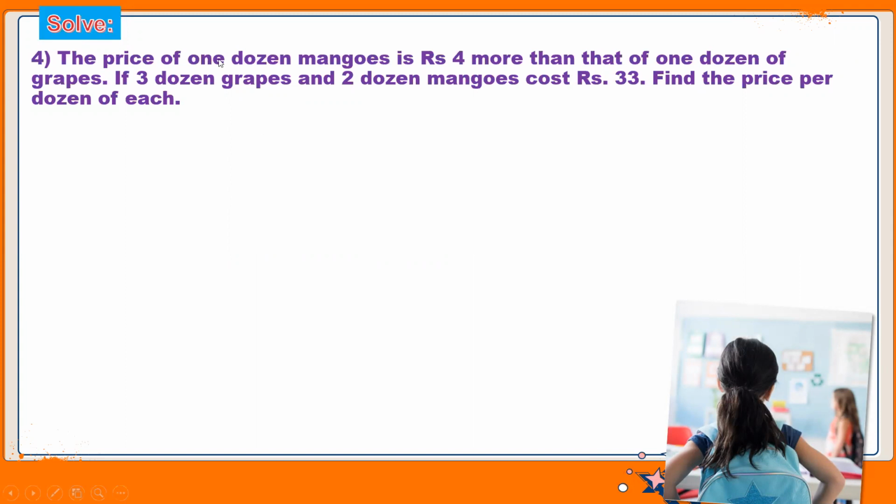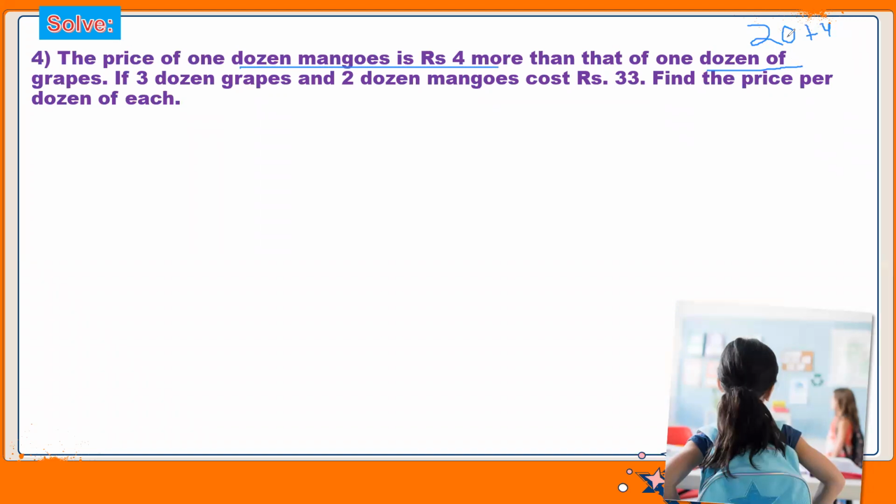That means it becomes 24. Are you getting me? If 1 dozen grapes is 20 rupees, then 1 dozen mangoes is rupees 4 more, so 20 plus 4 will be the price of 1 dozen mangoes.